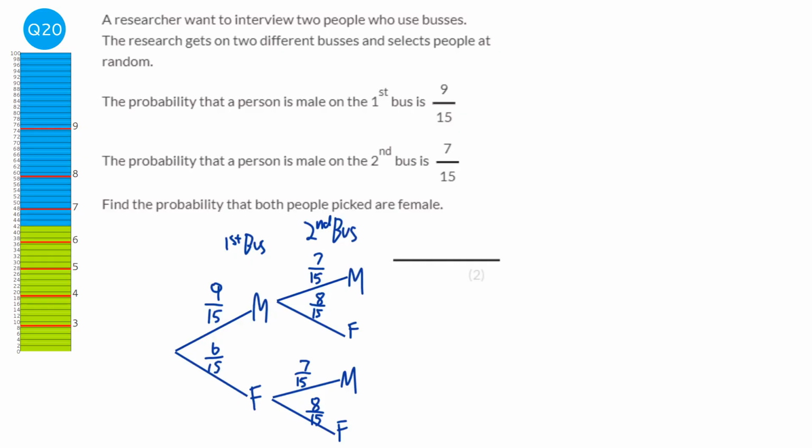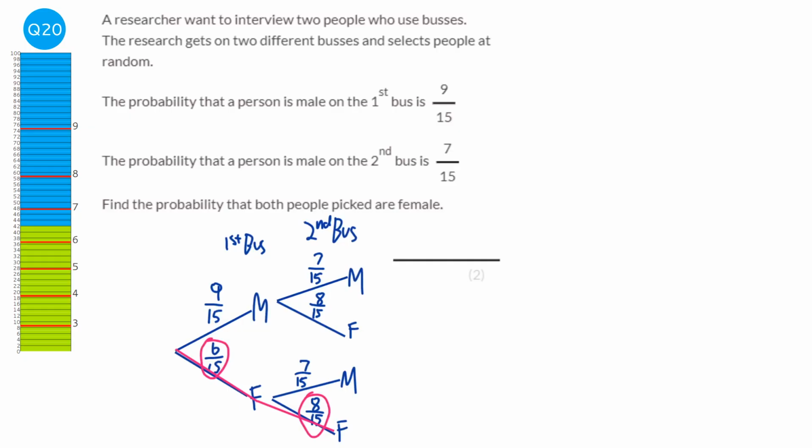So to have both female, we need to have gone down this line at the start, and then this line again. Okay, so looking at the fractions along the way, it's 6 over 15 and 8 over 15. The word "and" in probability means times.